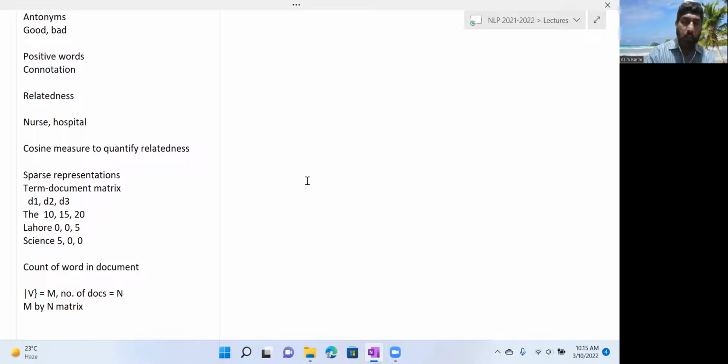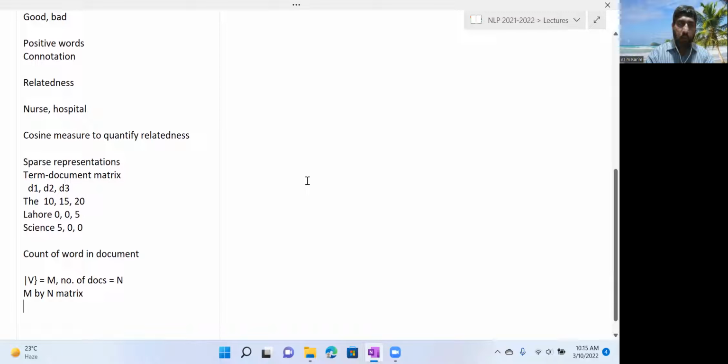Okay. So if I talk about the vector for science, this would be of dimension N, which is of course 3, the number of documents.